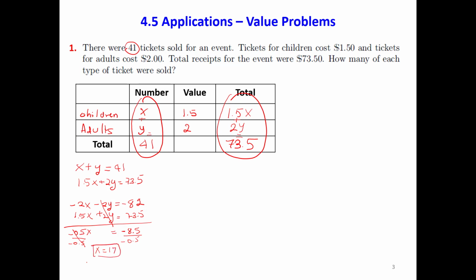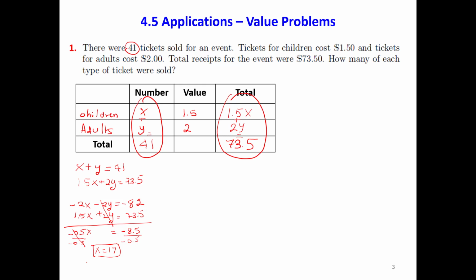Now, once we know the x value, we can get the y value. We plug the x value into any of the equations. The first equation is easier, so let's use the first equation.